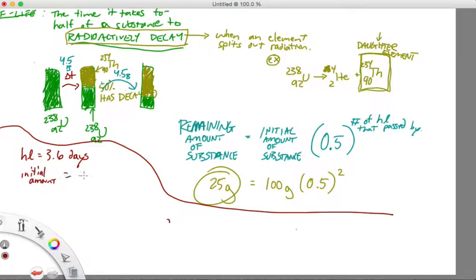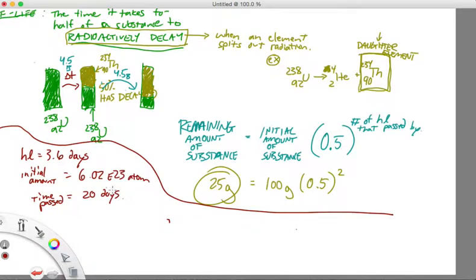The question is, how many atoms will be present after 20 days? So our time that has passed equals 20 days.